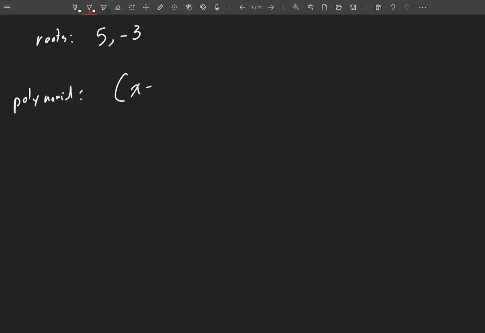So I'm going to say x minus 5 and x plus 3. Okay? Now, this is what would have given me roots 5 and negative 3, right? Because we would have swapped the signs to get those roots. So to go backwards, to get the polynomial, I simply swap them back.